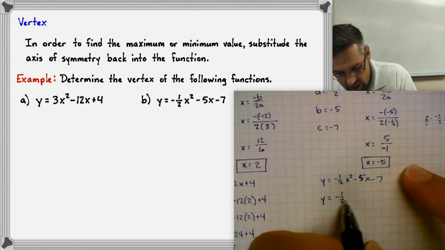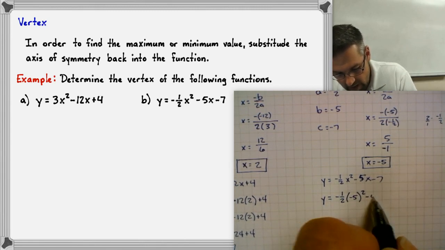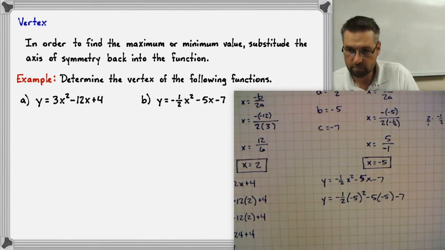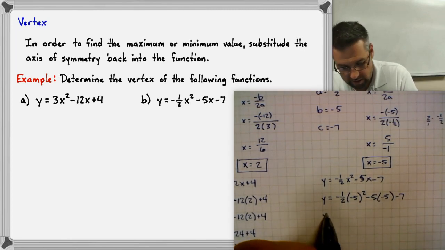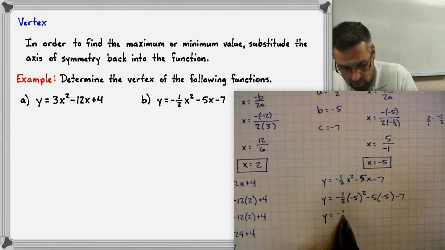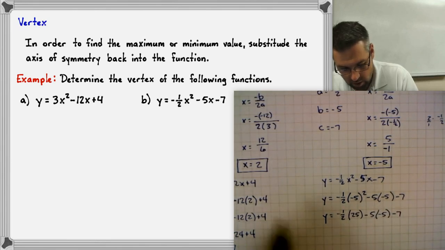So it'll be negative 1/2 times negative 5 squared minus 5 times negative 5 minus 7. Order of operations, parentheses first. There isn't really any parentheses to do, so we move on to the exponents. So negative 5 squared. Well, what's negative 5 squared? Negative 5 times negative 5 is 25. And then we'll carry everything else down and simplify as we go.